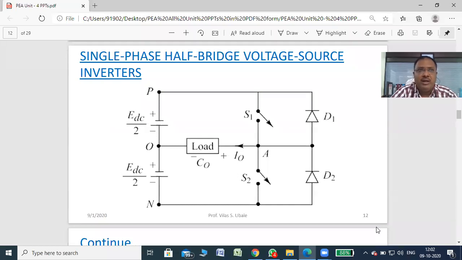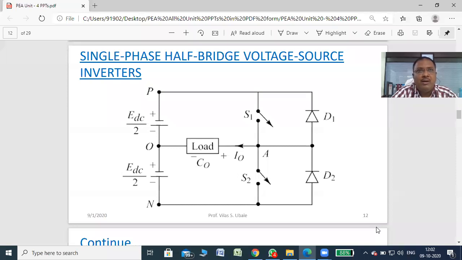Already we learned gate drive circuits, already we learned various voltage protections, already we learned various current protections. So according to the requirements, you can use different kinds of protection circuits with your inverter, but those protection circuits are not shown in the figure in front of you just for simplicity.